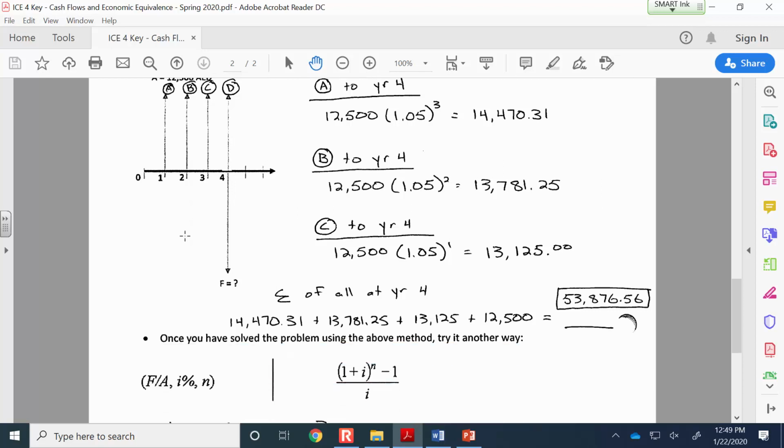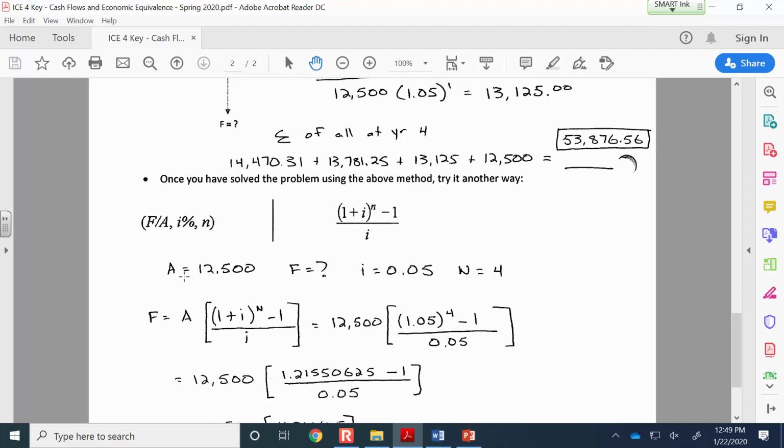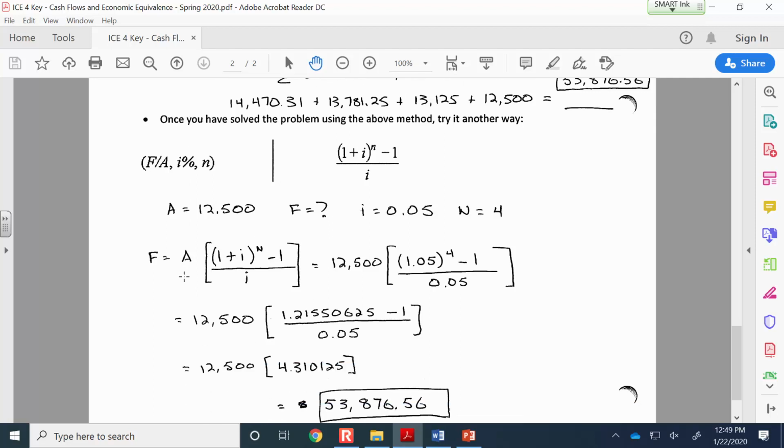But instead, we can say that's an annual series where each one of those is an A, 12,500, and so we get the same 53,876 by using the formula to solve for F given A. And so n is 4, i is 0.05, and we can get the same amount either way.